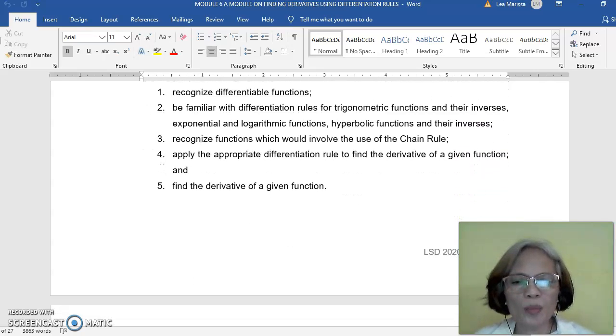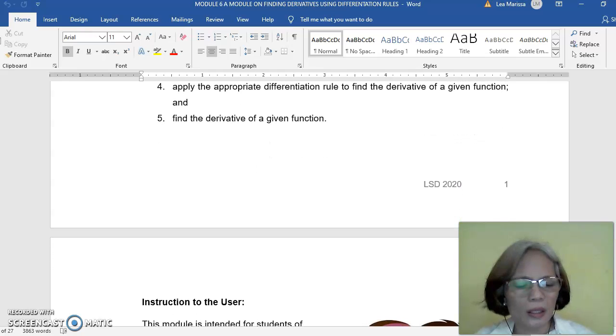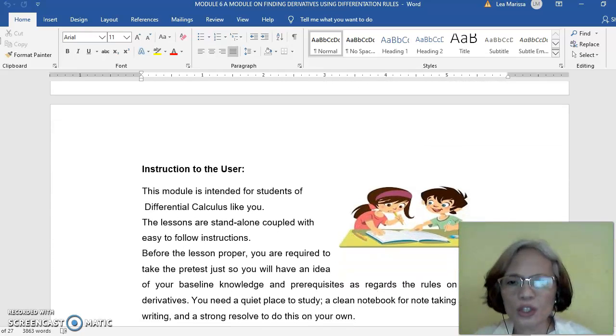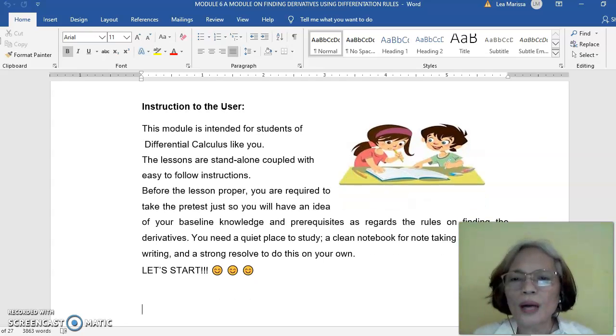The next component is the instruction to the learner, the instruction to the user. I mentioned here, this module is intended for students of differential calculus like you. This is my target population: students enrolled in differential calculus. I explained here that the lessons are standalone, coupled with easy to follow instructions. Before the lesson proper, you are required to take the pretest.